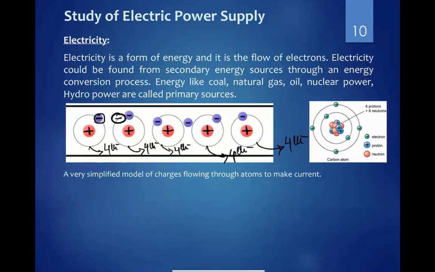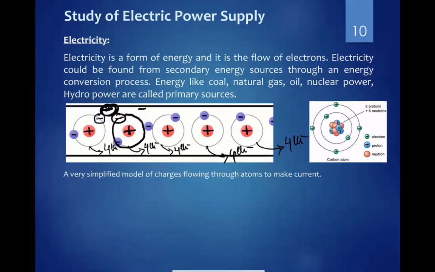When that happens, the electron will be knocked out of this orbit, and it may latch onto the neighboring atom, because the positive charge will attract this negatively charged electron. This keeps on happening and becomes a chain effect, as you can see in the graphic.